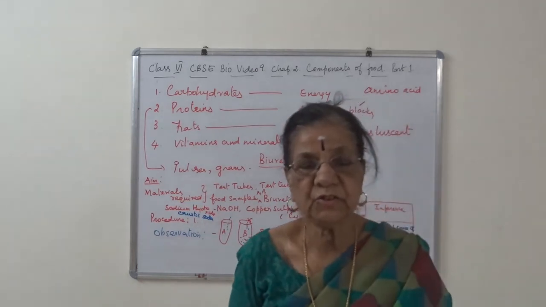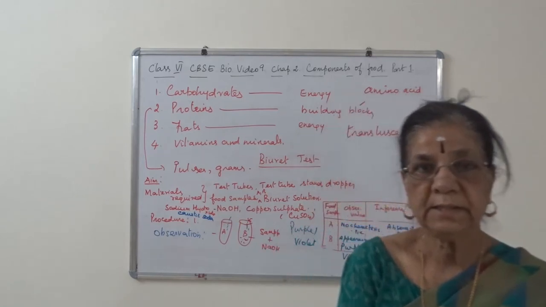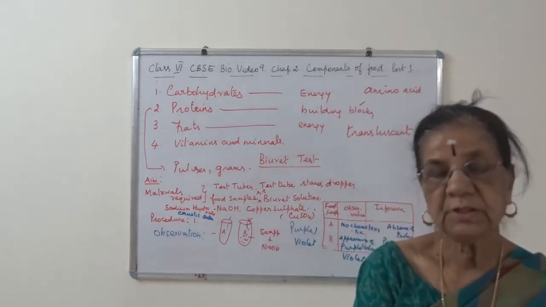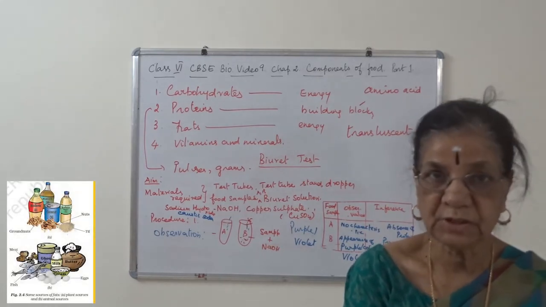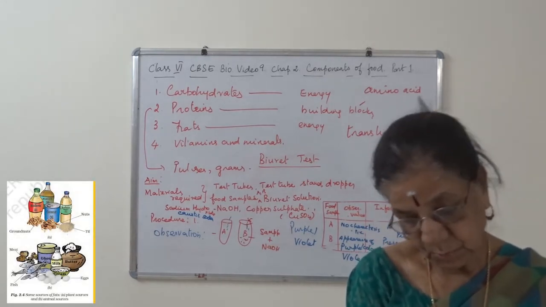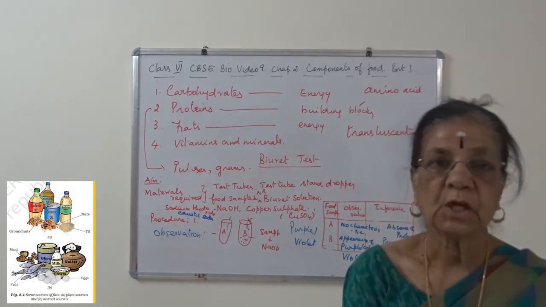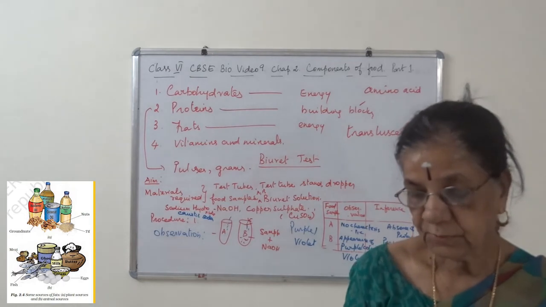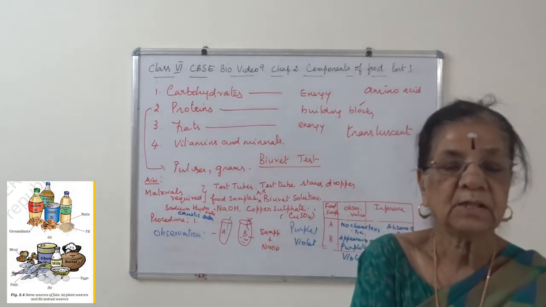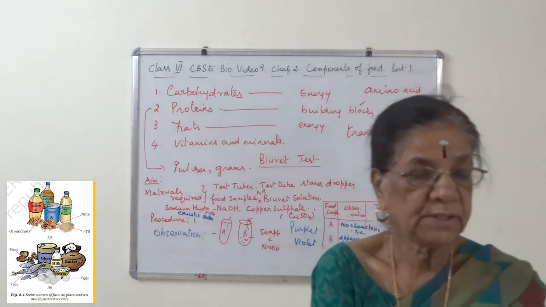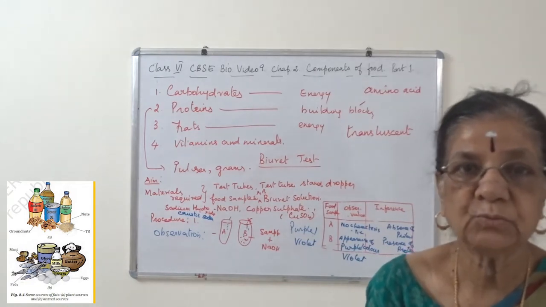Now, all these food items: carbohydrates mainly provide energy to our body. Fats also give us energy. In fact, fats give more energy compared to the same amount of carbohydrate. So the foods containing fats and carbohydrates are called energy giving foods.